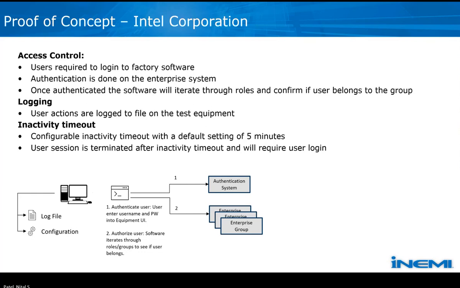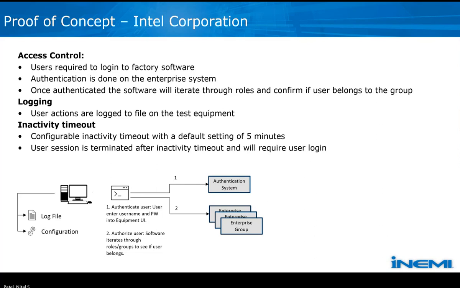This iterates through the different roles that are configured on the module, and if they belong to that group, then we pass back yes, and they are authorized for that specific role. All of this is then logged in our equipment, where any of the user actions are logged, as well as when anyone tries to authenticate.